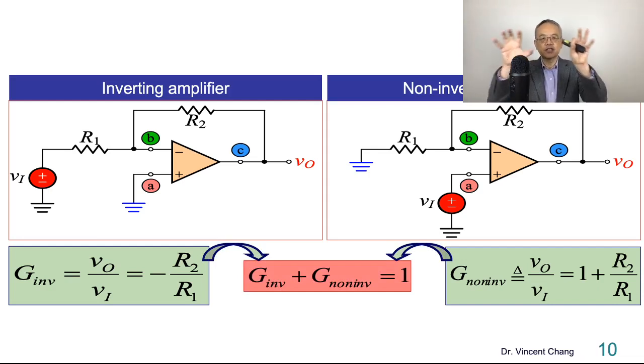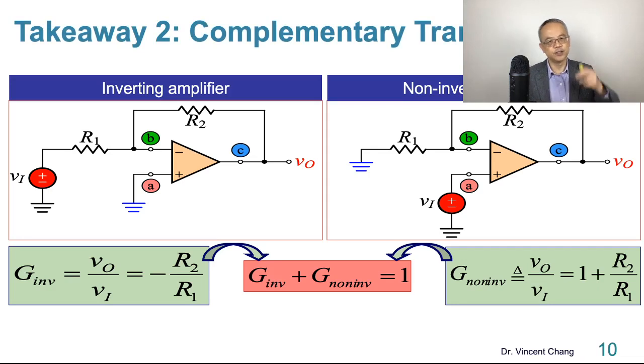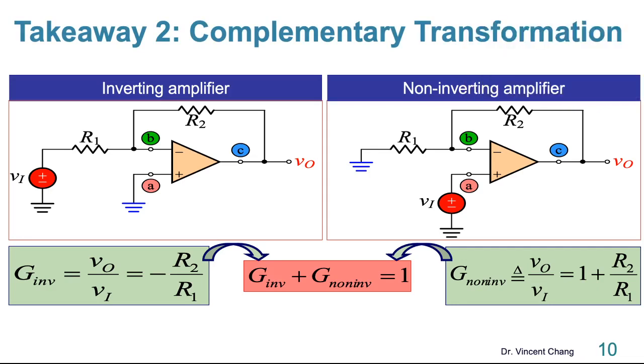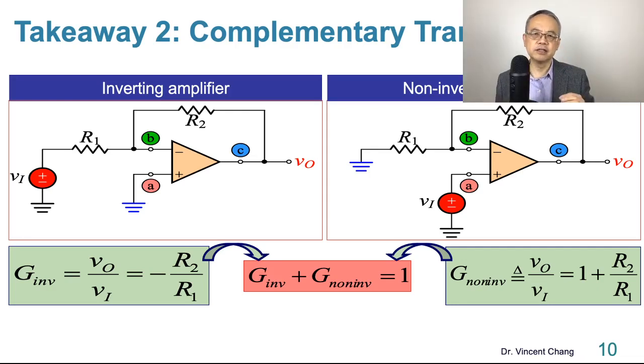This is an interesting circuit theorem called complementary transformation. If you do a complementary transformation to the inverting amplifier, it goes to the non-inverting; if you do it to the non-inverting, it goes back to the inverting. The sum of these two gains will be equal to 1.